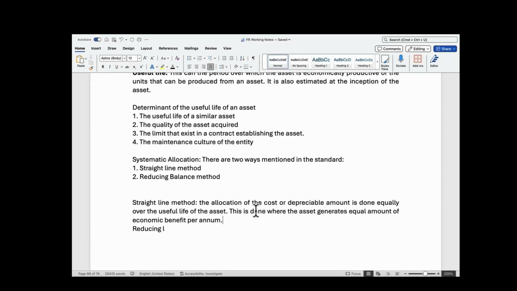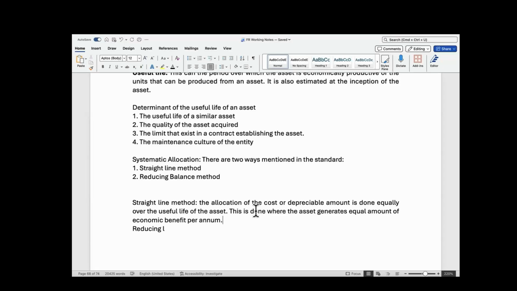Remember that all we're doing is accrual or matching. We're trying to match income or cost with income. Or we're trying to say that this is what we have used of this asset this year. Then let's allocate this cost of these assets to P&L. That's what depreciation is all about.